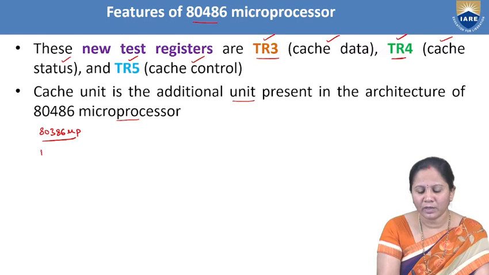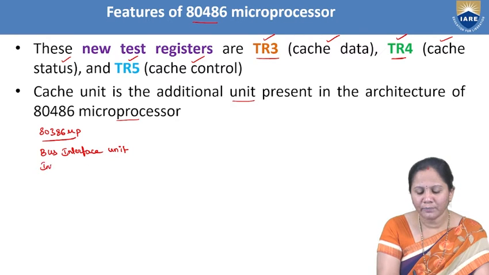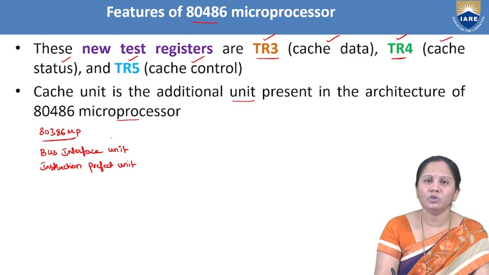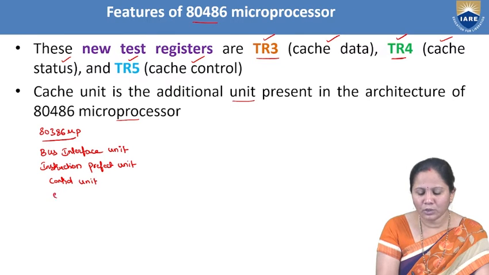It consists of a bus interface unit, and next an instruction prefetch unit. Totally this 80386 consists of 6 units: bus interface unit, instruction prefetch unit, control unit, and execution unit.